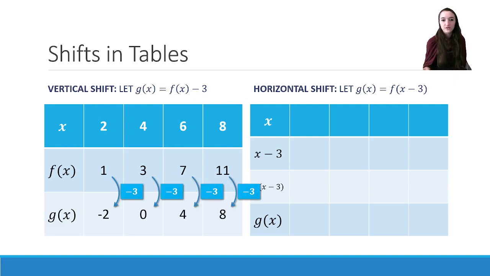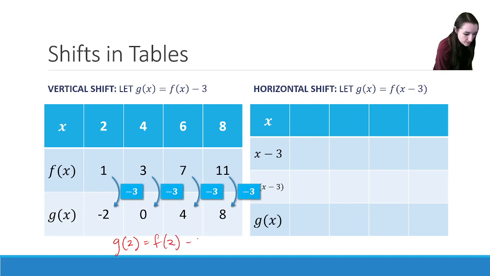Do this for everything. Just keep subtracting 3 from every output. So g of 2, remember, g of 2 equals f of 2 minus 3. But we know f of 2 is 1, so 1 minus 3, which equals negative 2. So that's how that works.